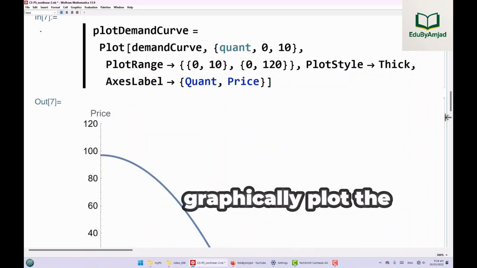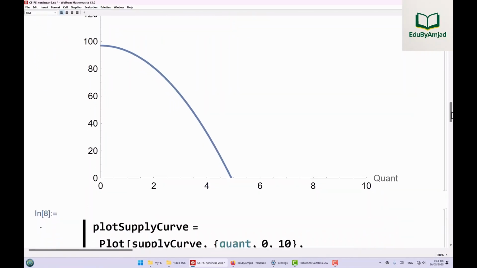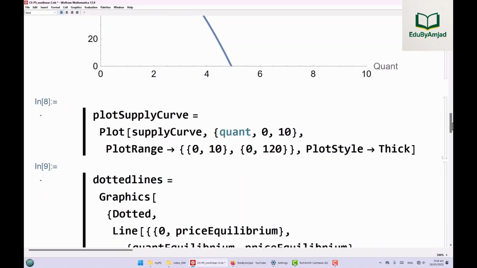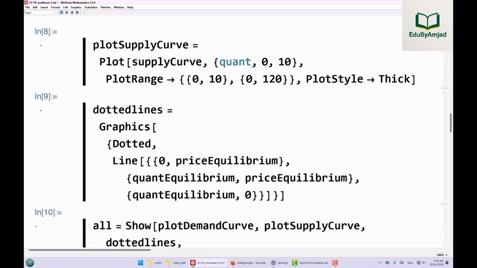Let's show it graphically. Plot the demand curve. Plot the supply curve.